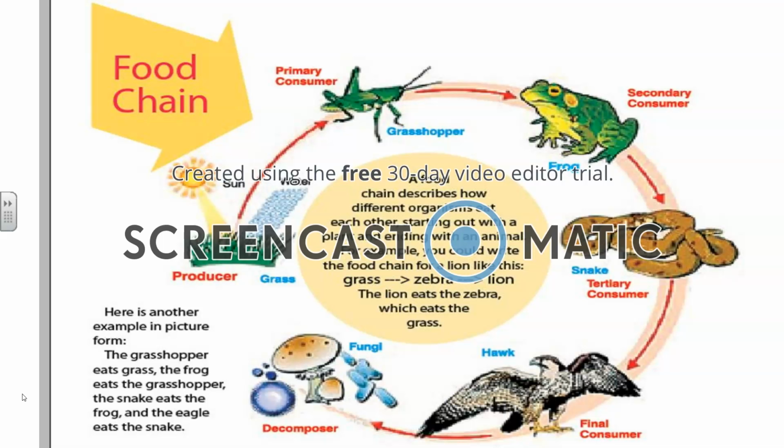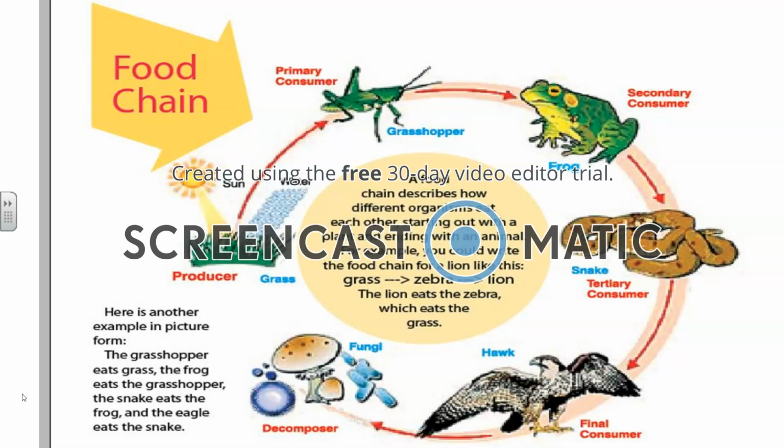So grasses and plants are always going to be producers. So they're always going to form the first link in the food chain or food web. And then the organism that eats or feeds directly on the producer is called the primary consumer. Primary means first. Consumer means it's going to be the first organism to eat or consume the plant. So in this case, the grasshopper is the example of the primary consumer.